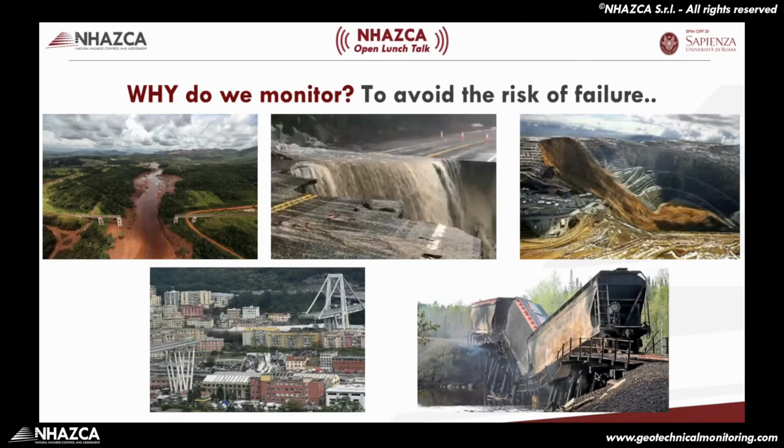So why do we monitor? Of course, we monitor to avoid the risk of failure. In these few pictures, you can see some tragic examples from Europe, North America, South America. Some of them were really tragic events, especially those on the left. I'm pretty sure that most of you know this tragic event in Brazil and in Italy at the same time.